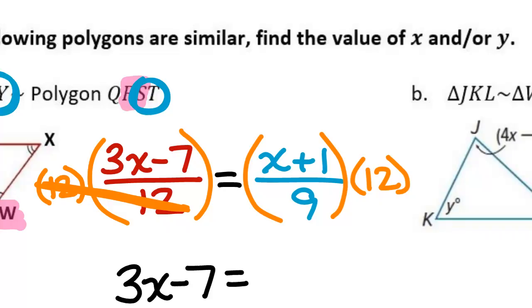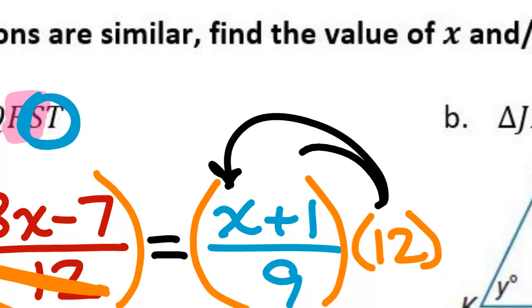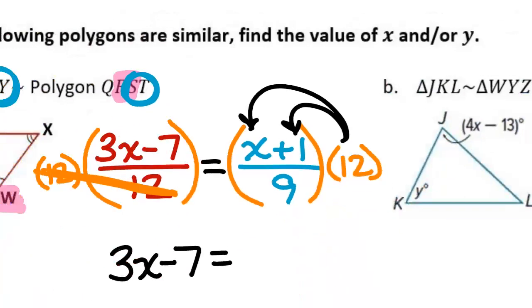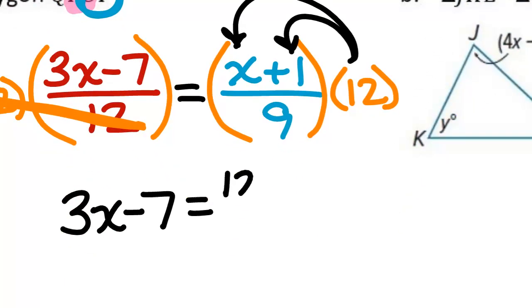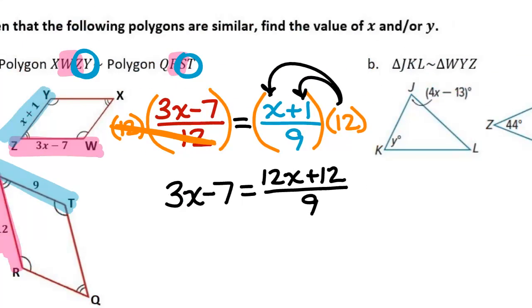Just the top, just the numerator. But what's the thing about my numerator? How many parts does it have? 2. I have to multiply the 12 to both parts. It has to distribute. So I would have 12x plus 12 over 9.